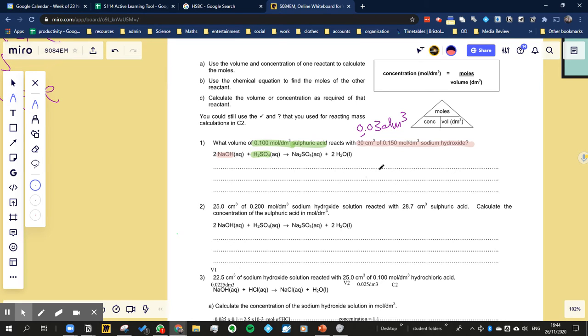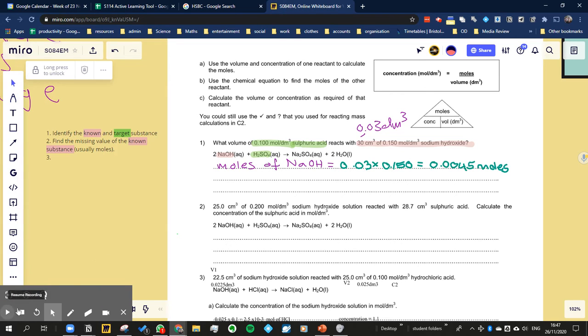We're going to work out the moles of the sodium hydroxide, NaOH. We want to know how many moles of sodium hydroxide we have. Once we've got that, then we know we would need half as many moles of the sulfuric acid, because it's 2 to 1. Okay. So let's identify that first.